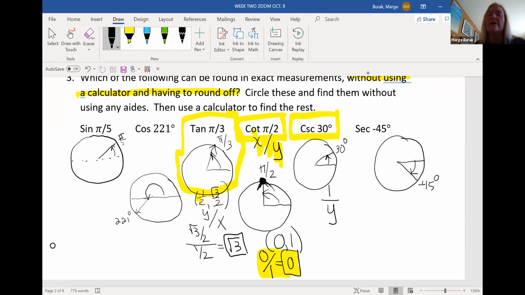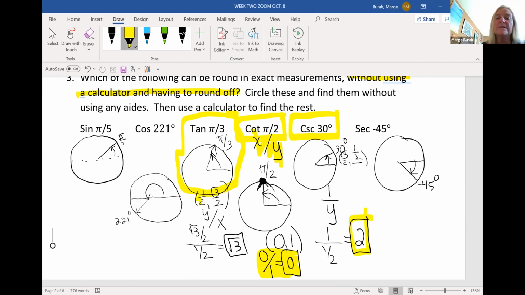And what is the sine of 30 degrees? The sine of 30 degrees is the y coordinate, which is 1/2. So 1 over the sine would be 1 over 1/2, or if you flip 1/2, you get 2. And you can check that on your calculator.